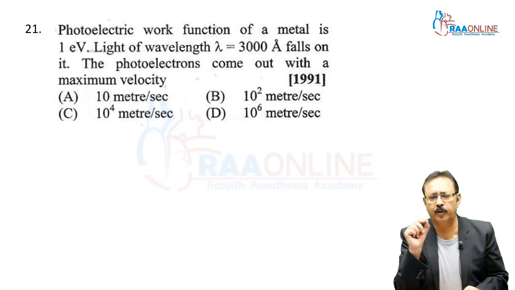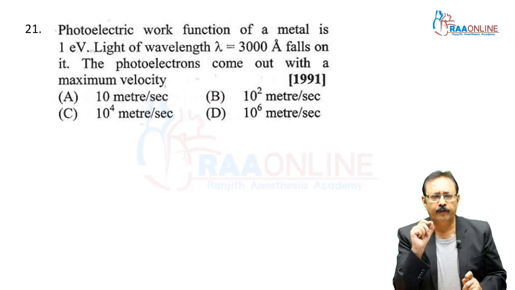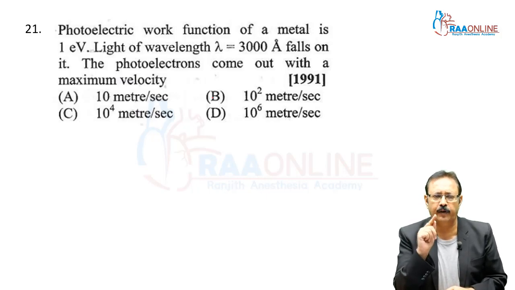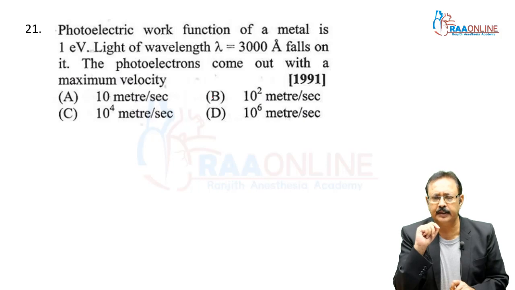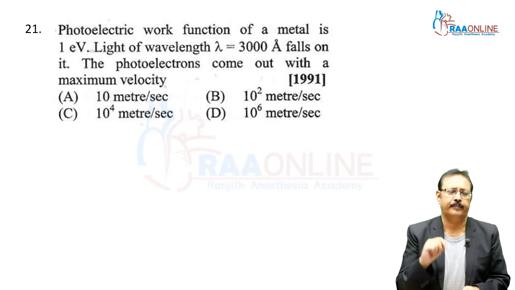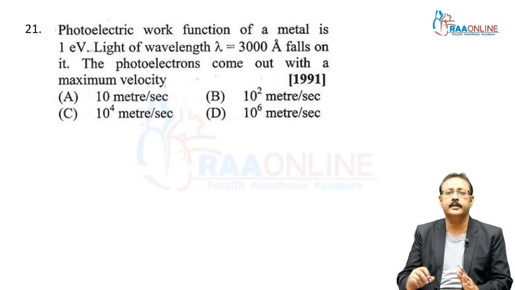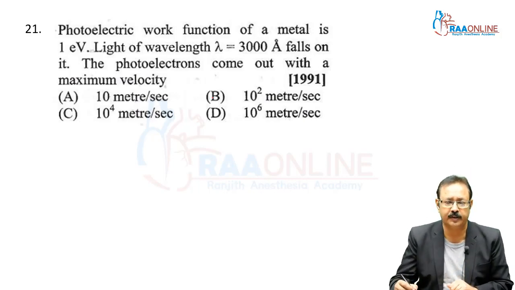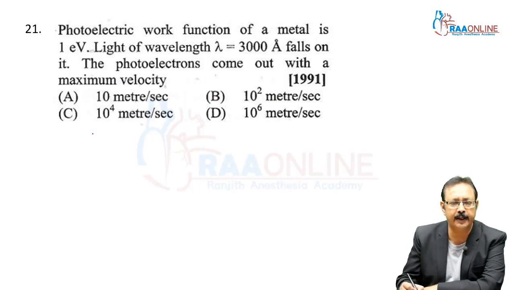Next, it is from 1991 AIPMT. A photoelectric work function of a metal is 1 electron volt. Light of wavelength lambda 3000 angstrom falls on it. The photoelectrons come out with a maximum velocity. Now we want to calculate velocity. Again, formula is same.